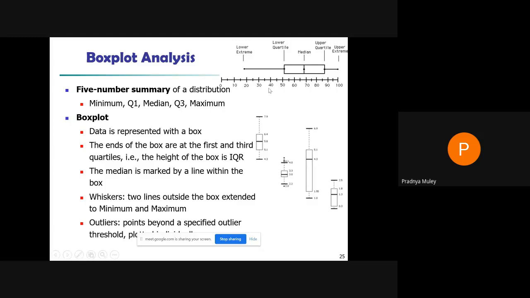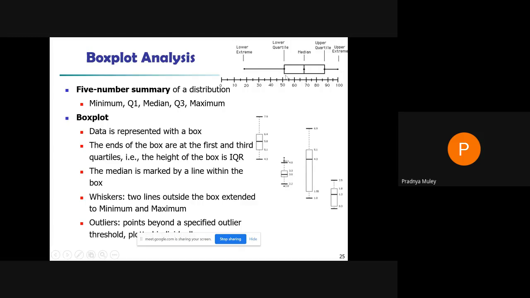Okay, so this diagram shows you the box plot of a given data set, suppose this is 0, 10, 20, 100. So this is the lower extreme. Suppose 20 is the lower extreme, 100 is the upper extreme. This is the box.